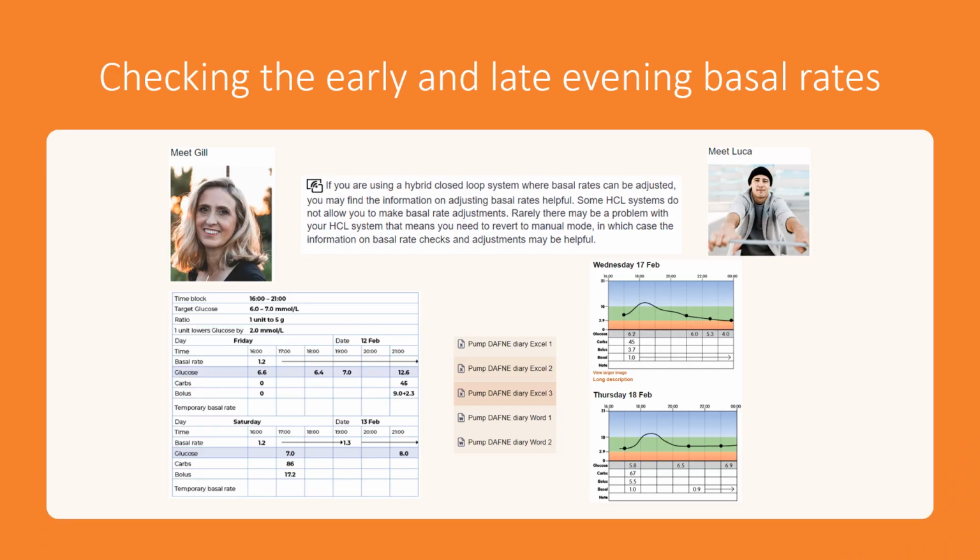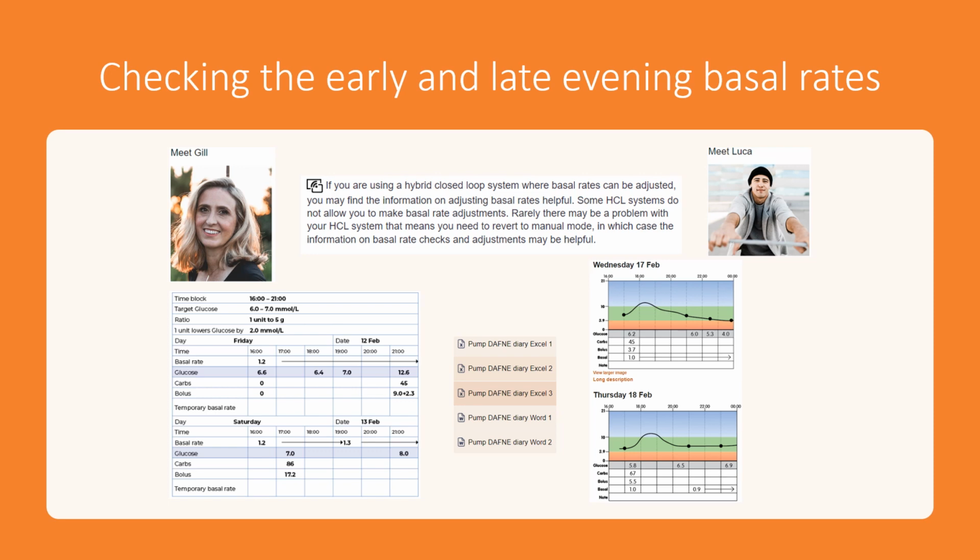To illustrate basal rate checking, examples are given. Jill uses blood glucose checking, so her example shows a version of the Pump DAFNE diary only. Luca uses CGM, so his example shows a CGM trace and a diary. Participants can choose how they share their data in the group video support calls, either diary or download.